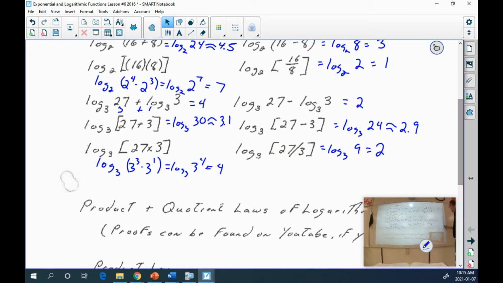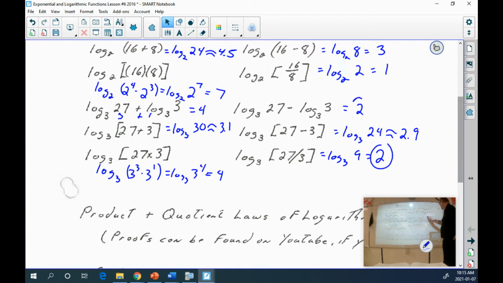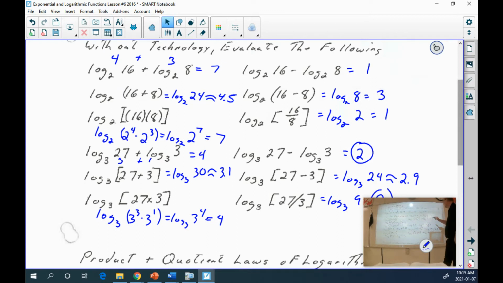You can see that when we subtract two logarithms, it's the same as dividing the arguments and then taking the logarithm. And when we add two logarithms, that gives us the same answer as when we multiply the arguments and then take the logarithm.